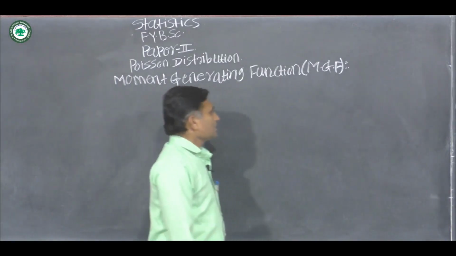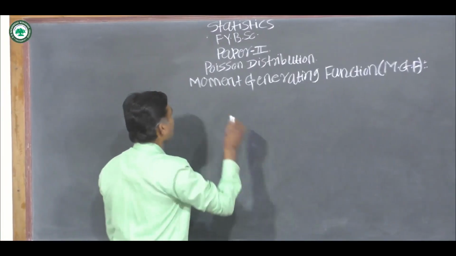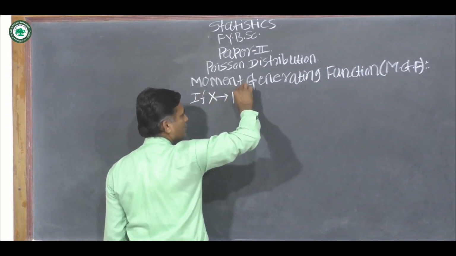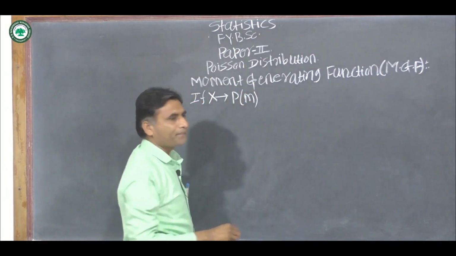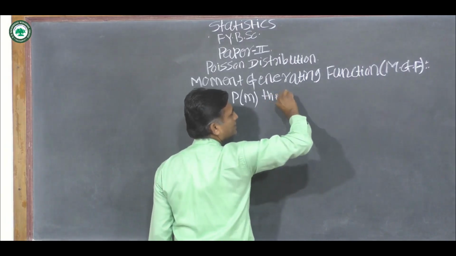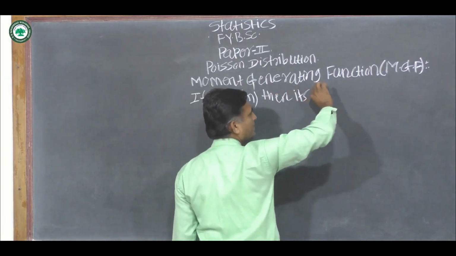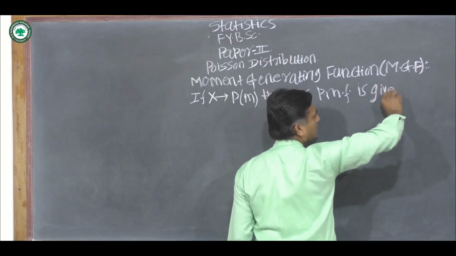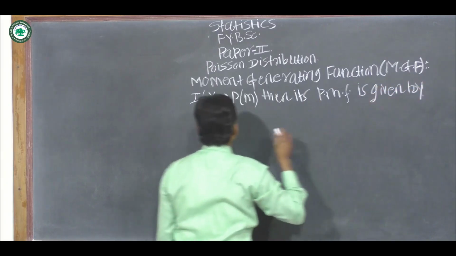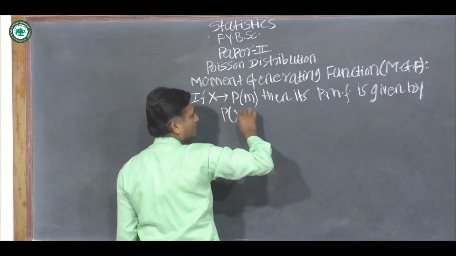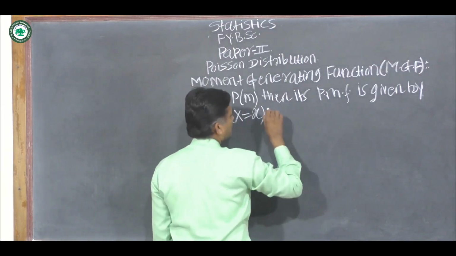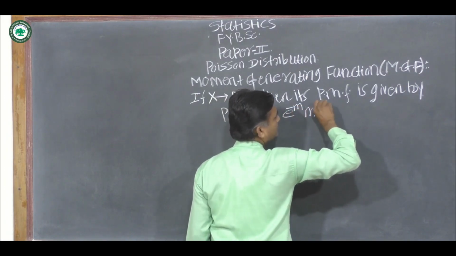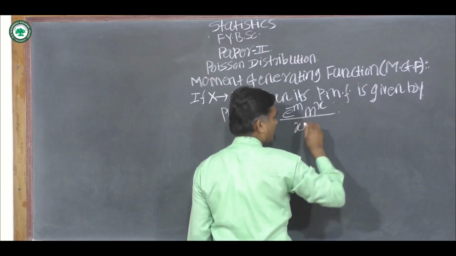Now see, the probability mass function of Poisson distribution: if x follows Poisson distribution with parameter m, then its PMF is given by the probability mass function, probability of X equal to small x, which is equal to e raised to minus m, m raised to x upon x factorial.